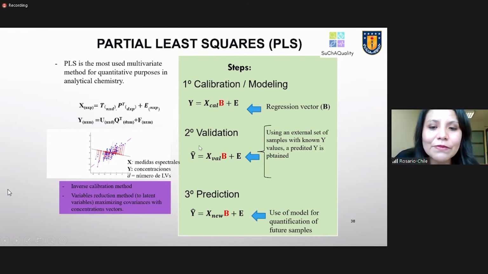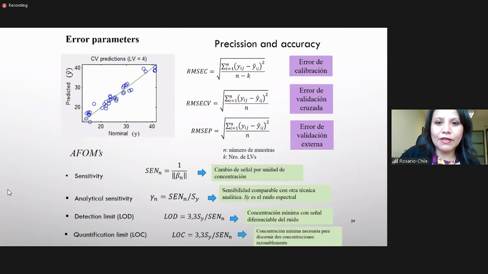Then this model is validated. If the errors are acceptable, or good, this model can be used for future prediction. How does future prediction work? I have the spectra of the unknown sample. I multiply this spectra by the regression vector, and I obtain the predicted concentration. This is very simple.